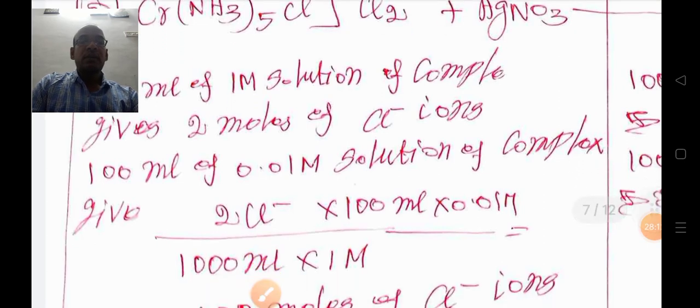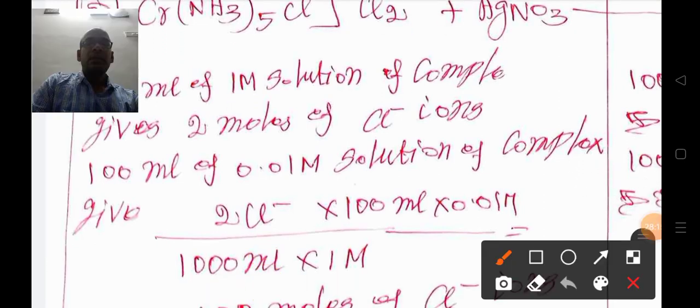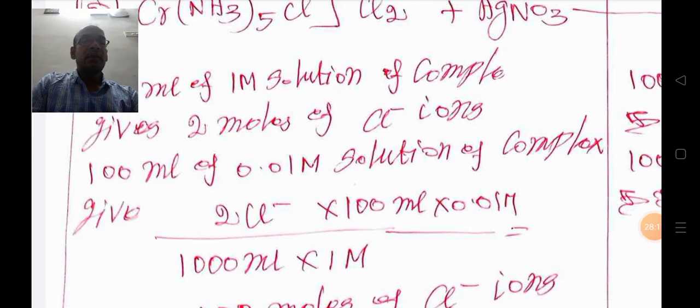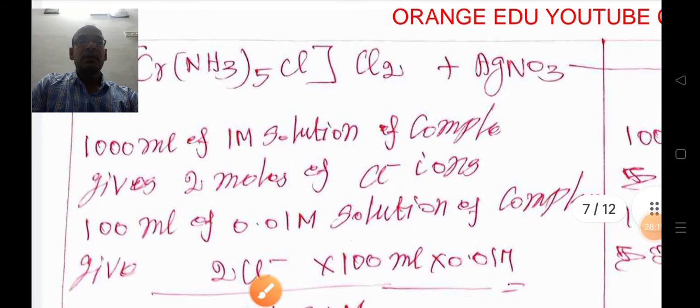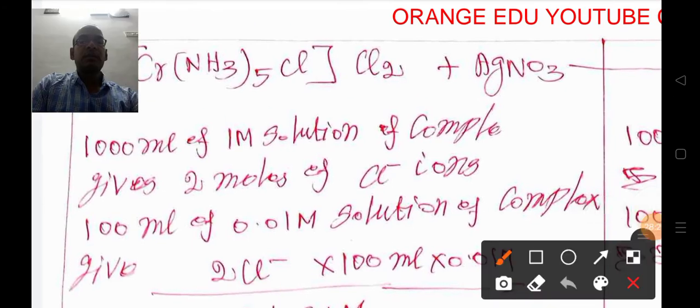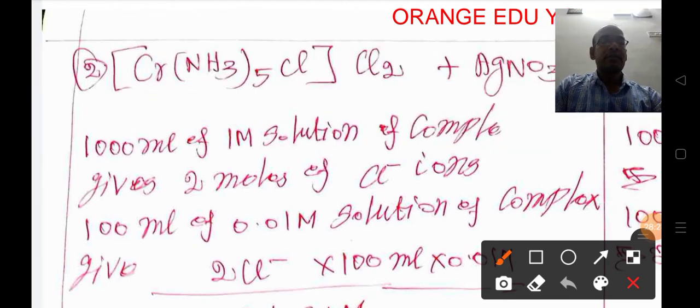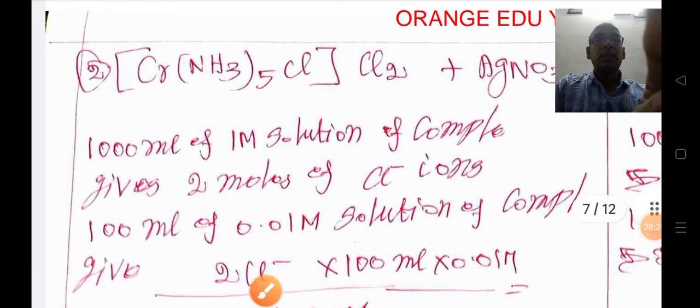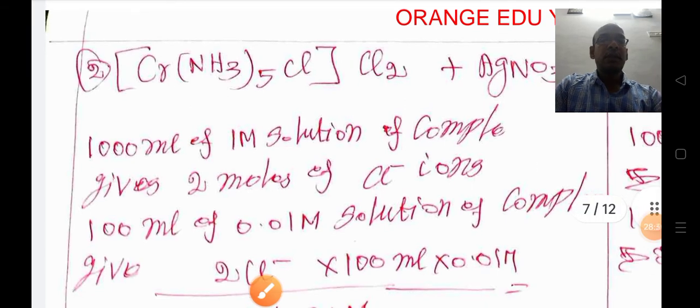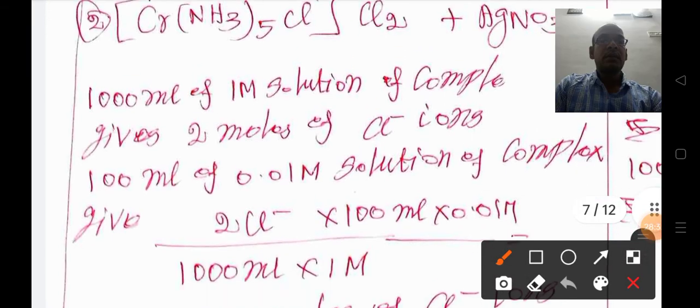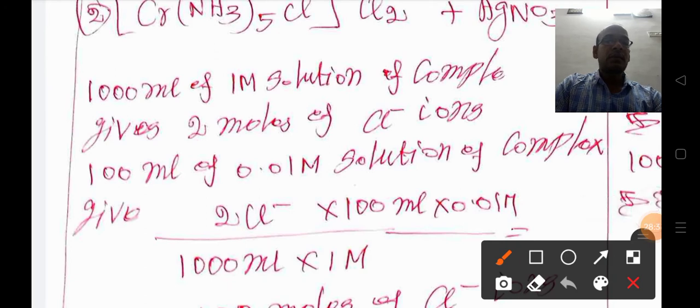In the question, 1000 ml of 1 M complex gives 2 moles.